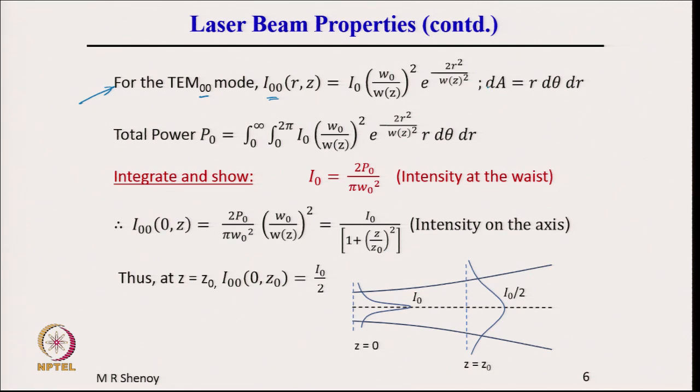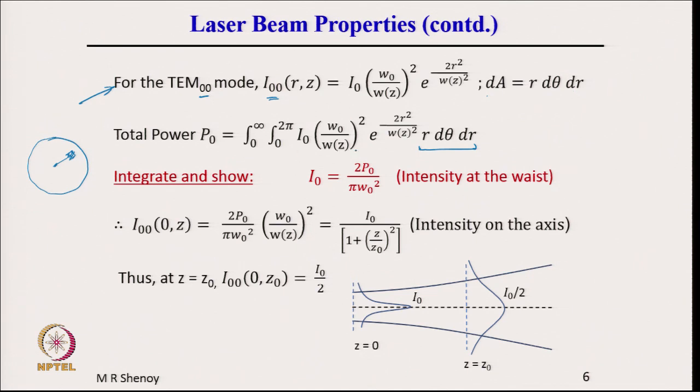And dA, the area of cross section, is r d theta dr. If you have a circular cross section and consider a small area element at r, then the area element is r dr d theta.